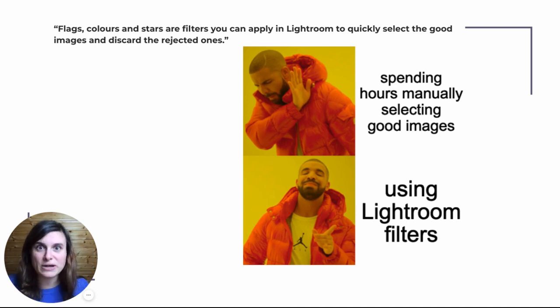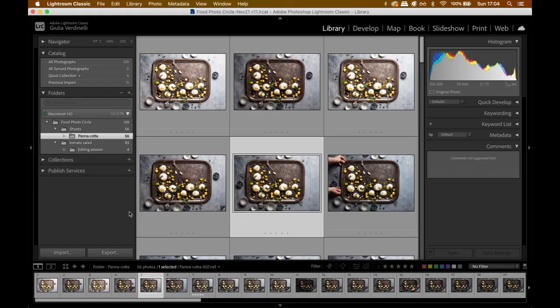I will show you how to do it so that you know which images are good, which images are great, and which images are, oh my God, portfolio stuff. So you can do all of this in Lightroom. It's very easy. You can use shortcuts on your keyboard to, again, speed up your workflow. Speed is our keyword here. So let's go into Lightroom and have a look at how to do this.